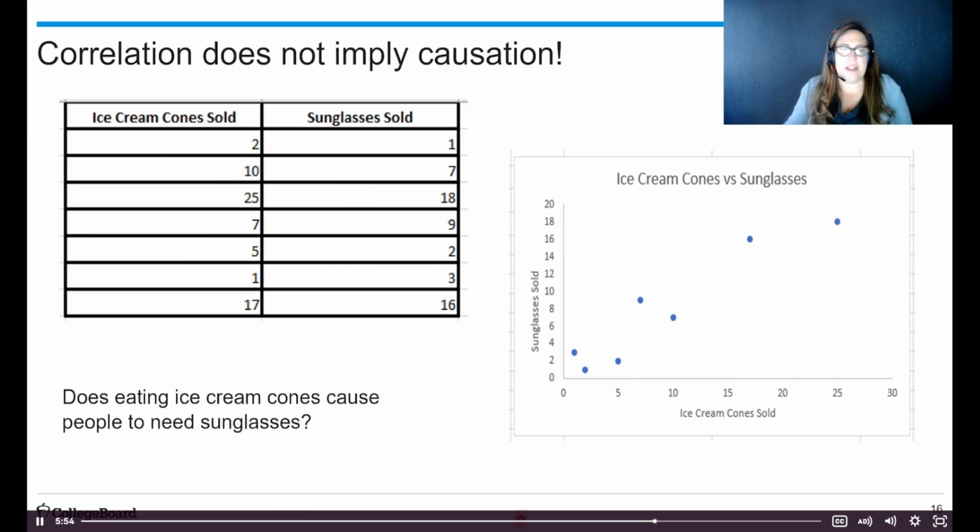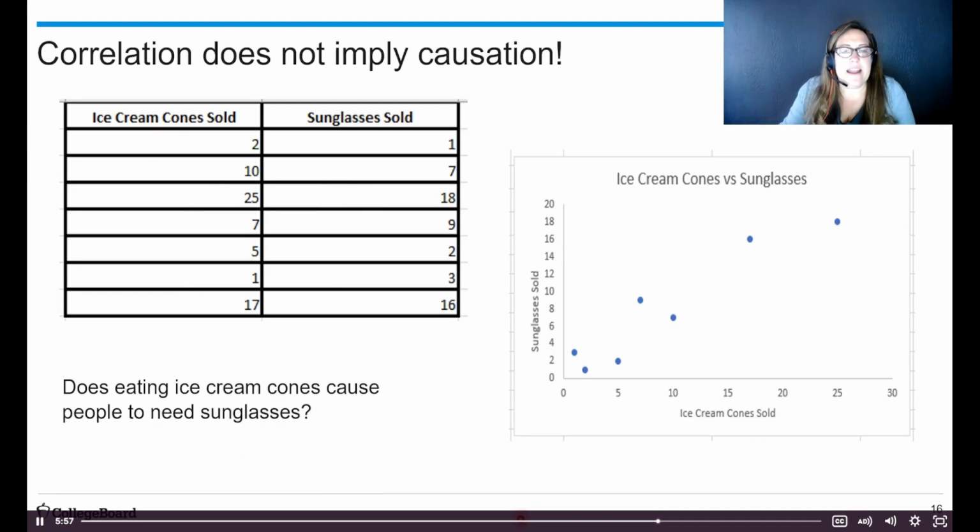Hmm. Does that mean that eating ice cream cones cause people to need sunglasses? Is that affecting my eyesight if I eat too many ice cream cones? Well, no, of course not. But there could be other data that are actually influencing both of these.